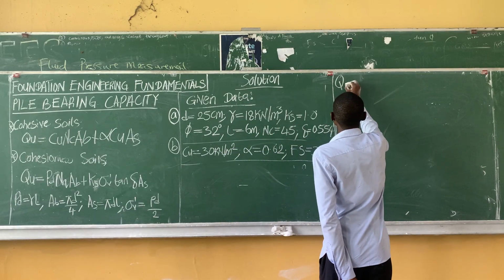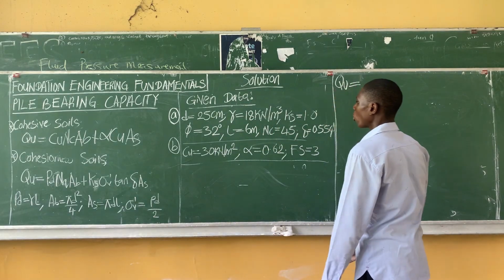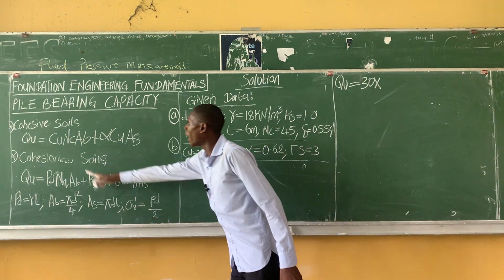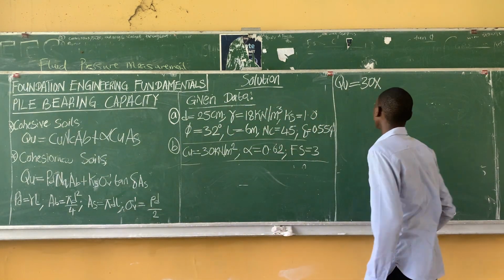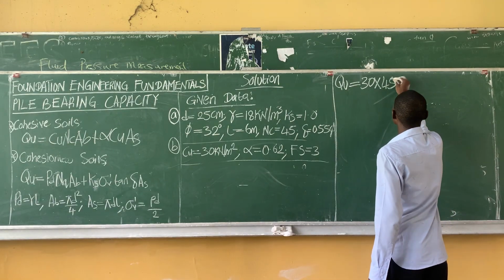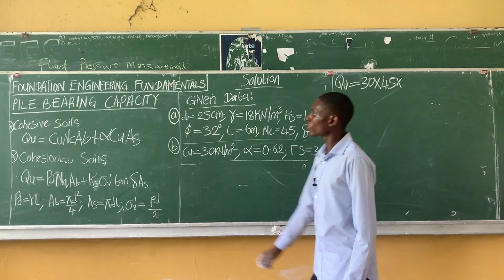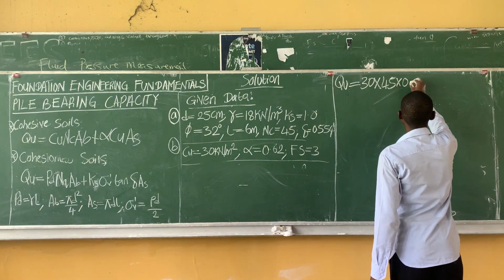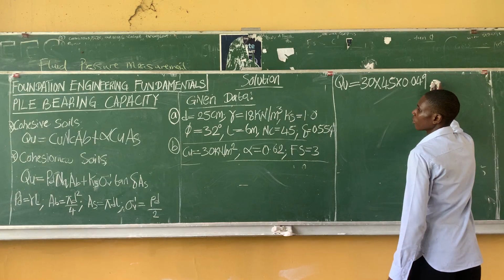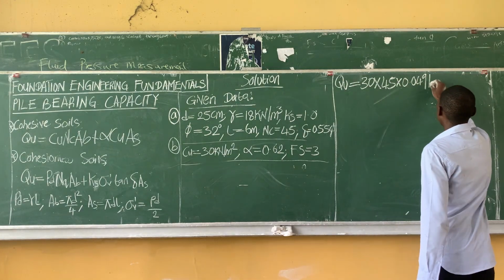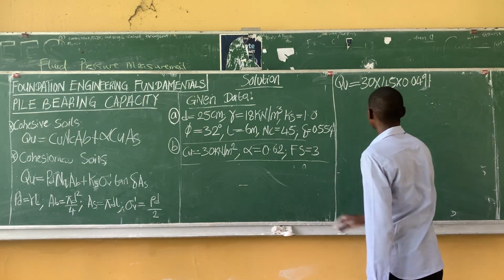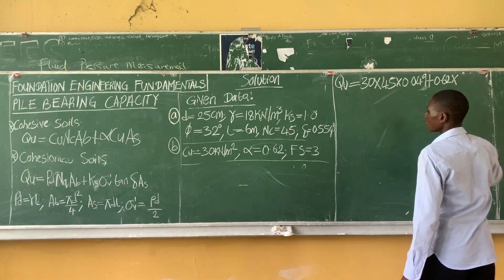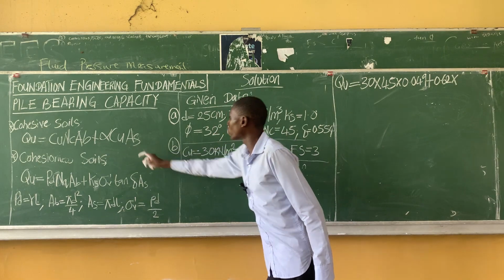Hence QU, for a cohesive soil, is simply equal to our CU, which is 30, times our NC, which is 45, times our A subscript B, which is 0.049, plus our addition factor alpha, which is 0.62, times our CU times our AS.